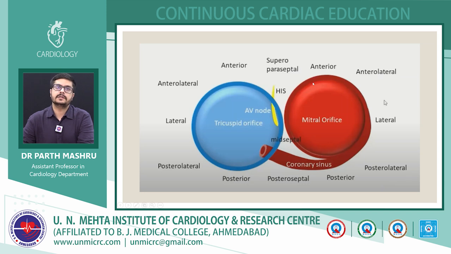The anteroseptal left-sided region is covered by the aortomitral continuity, so there are no pathways possible over here. This area is spared. Apart from that, if we move on to the tricuspid orifice, there again there will be right anterior, right anterolateral or lateral, and on the posterior area, posterolateral or posterior pathways.